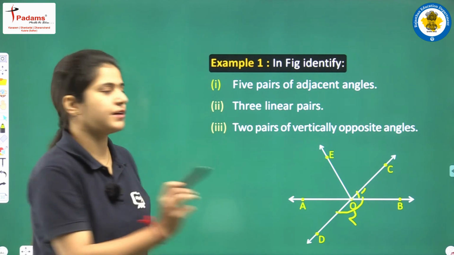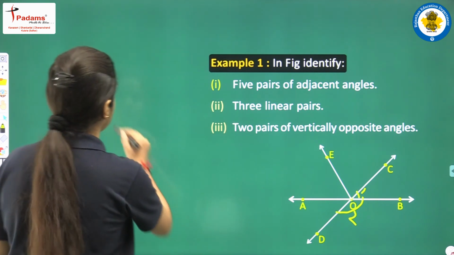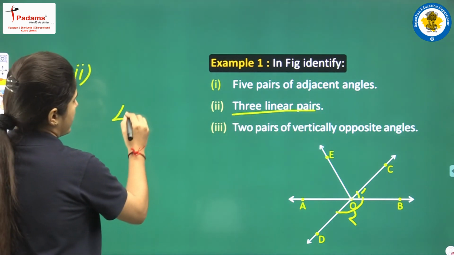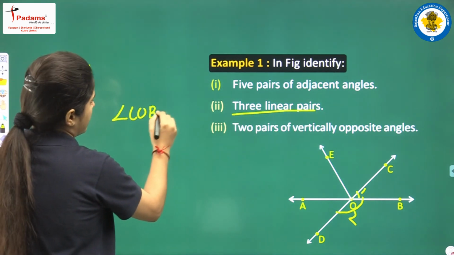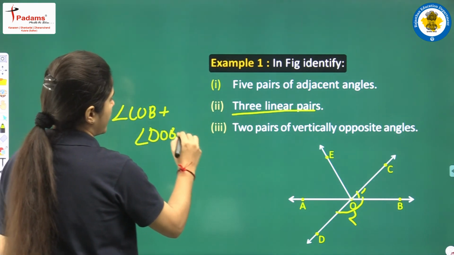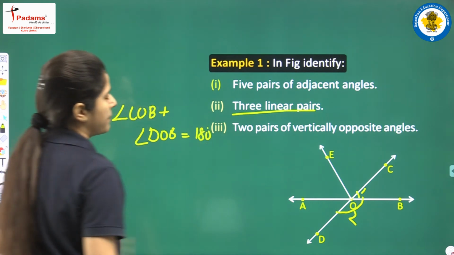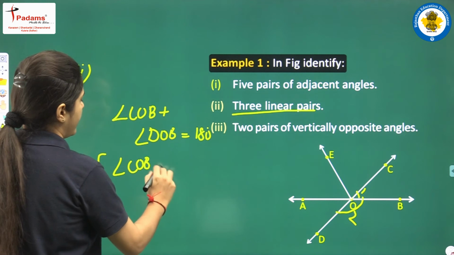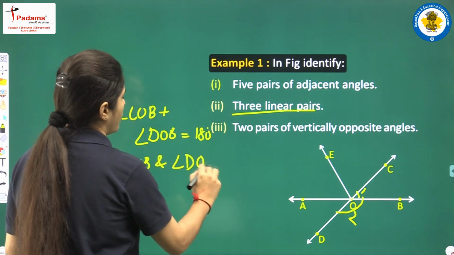So that is why they are forming the linear pair. The first linear pair is angle COB plus angle DOB equals 180 degrees. That is why it is forming a linear pair. So the first pair is angle COB and angle DOB.